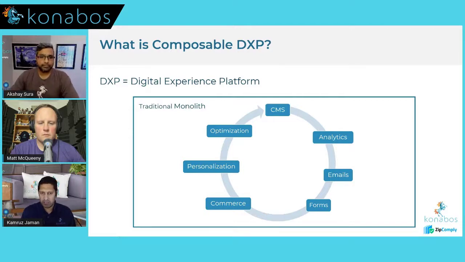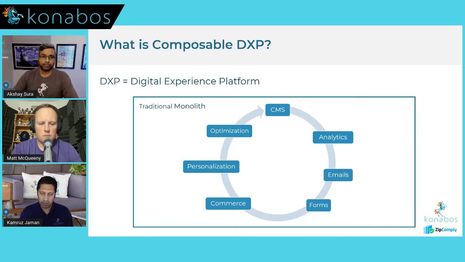and then it may also come together with other components such as analytics, emails, forms that you can collect data with. It might have a commerce system that plugs right into it, and because it's so tightly coupled, you can use that flow, that connectivity, for personalization and optimization of your website.